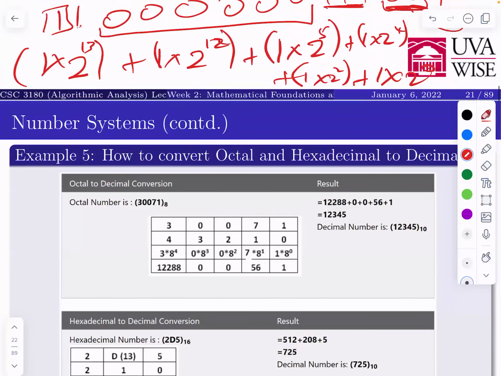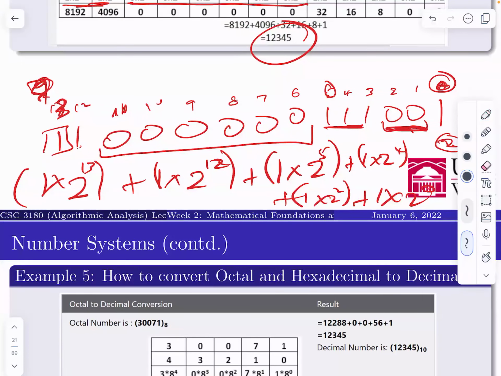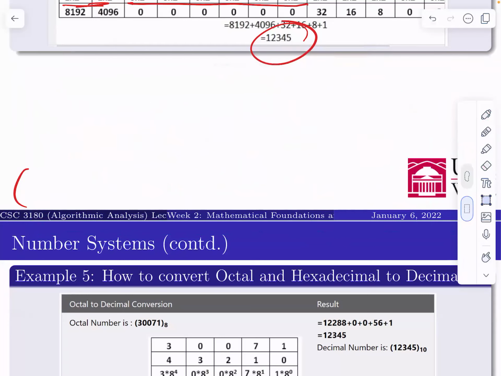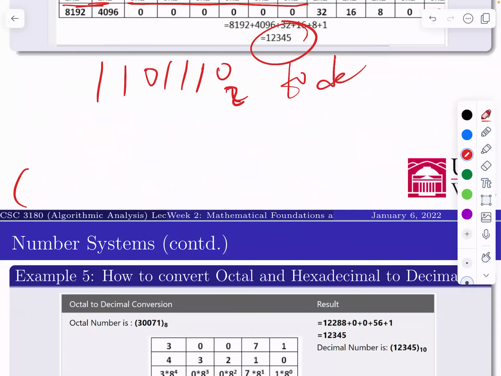Let me have another example for you. I like multiple examples. I think if the first is not clear, most likely you get the second. Suppose you are converting this binary number to decimal.